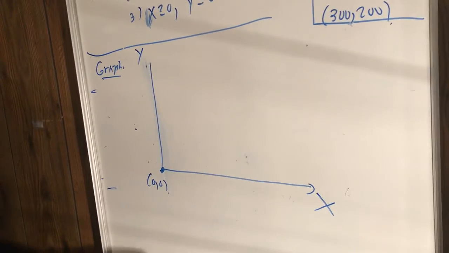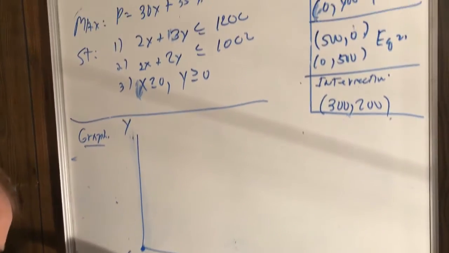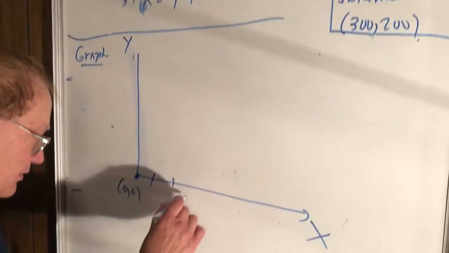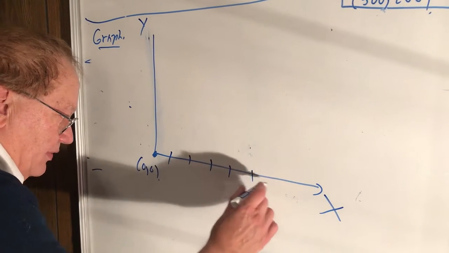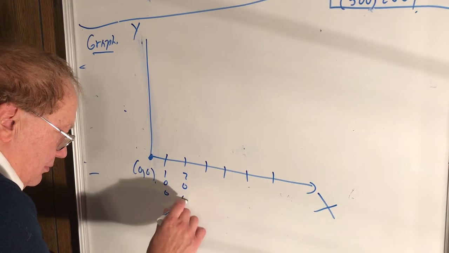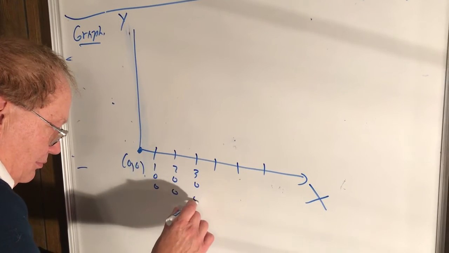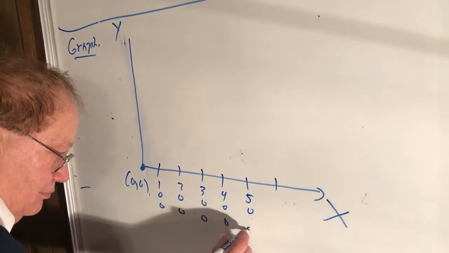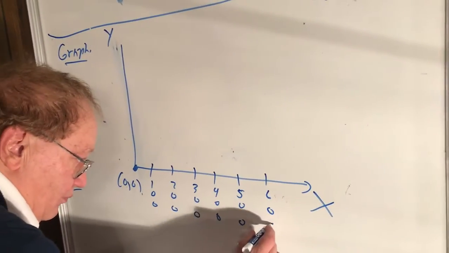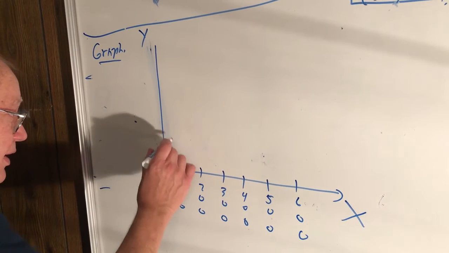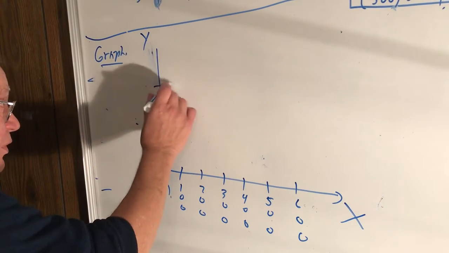All right, let's look at the first equation. Well, I'm gonna bring this to 100, 200, 300, 400, 500, 600. Okay, what about the other side? Well, 100, 200, 300, 400, 500.